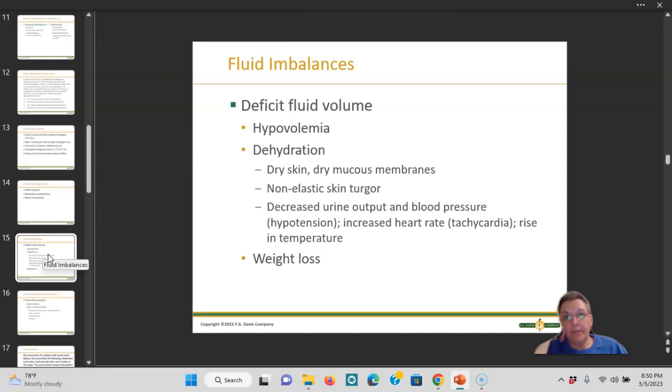You would have decreased urine output and decreased blood pressure, so hypotension, which would increase your heart rate and a rise in temperature. So hot and dry, dehydration. You're also going to have fluid loss that leads to weight loss. Weight loss through fluids, plus or minus 1 or 2 pounds a day, you probably need to call the doctor.